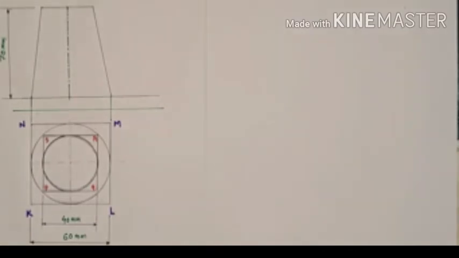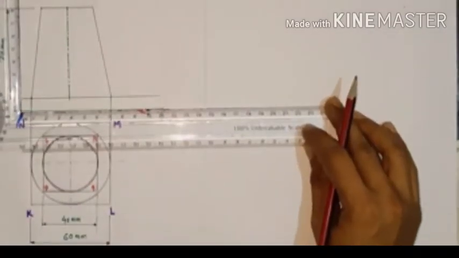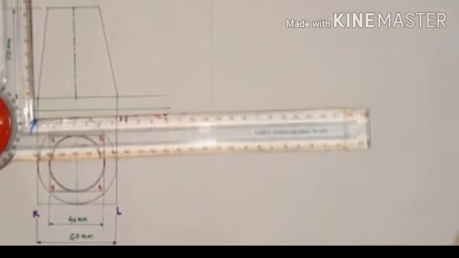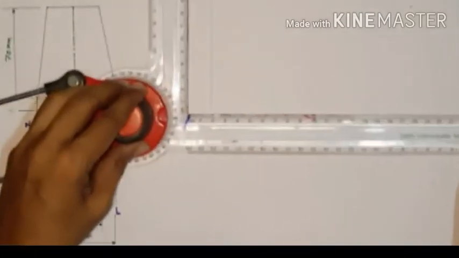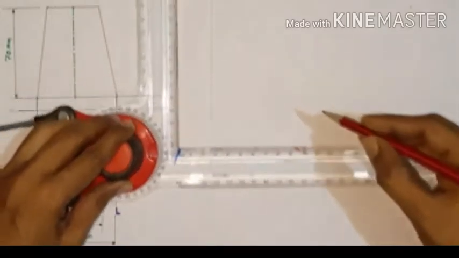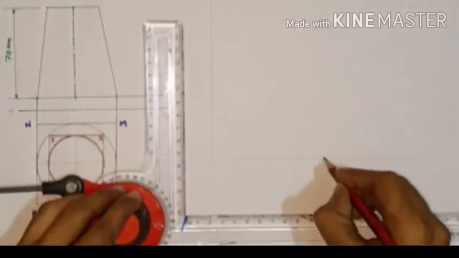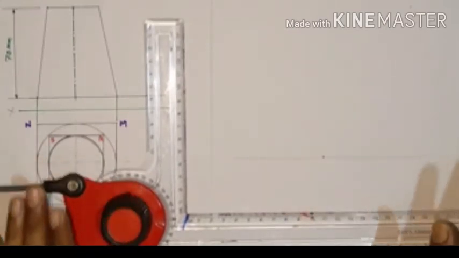Before we start the isometric projection, the procedure is that we need to draw a line, this is the xy line. Like this, we again need to draw a line like this. From here we start from below, because this is our axis. This is our center point.